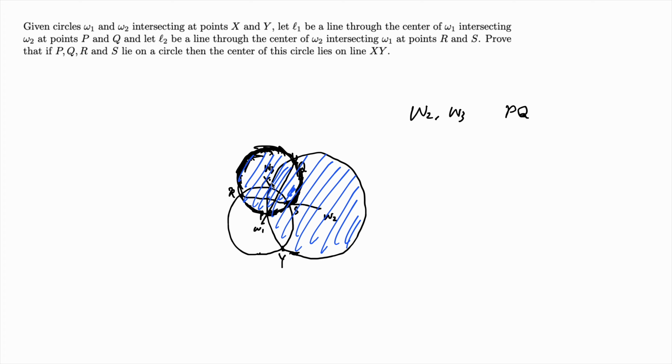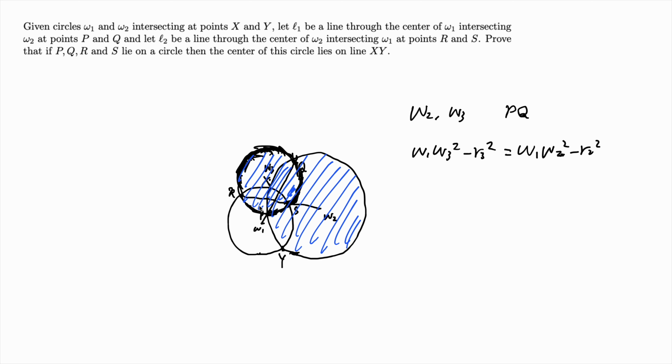So the power of the point omega sub 1 from these two circles is the same. Writing it, we have omega sub 1 omega sub 3 squared, minus, let r sub 3 be the radius of omega sub 3, squared, equals omega sub 1 omega sub 2 squared, minus r sub 2 squared.